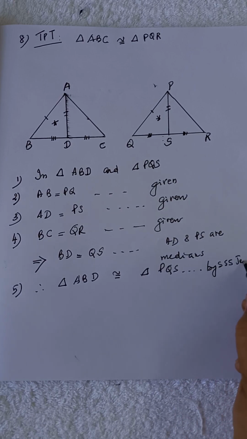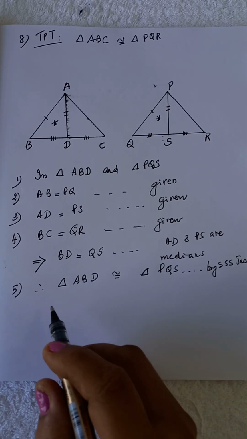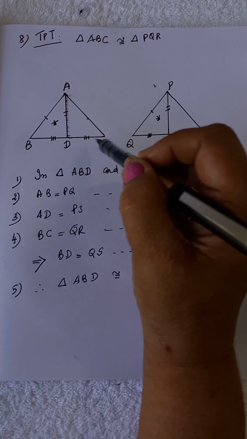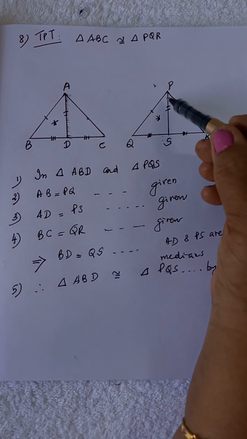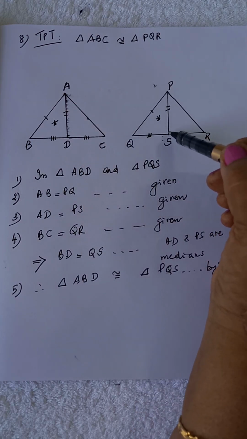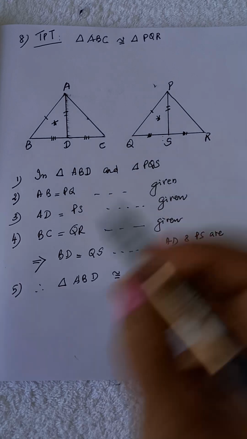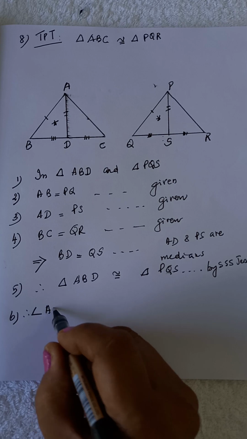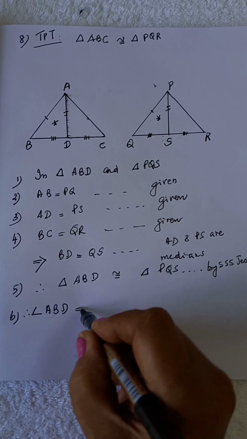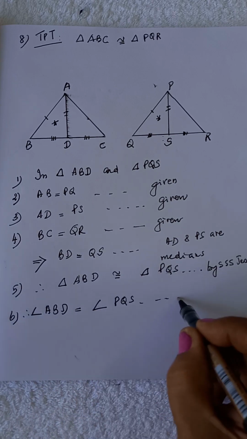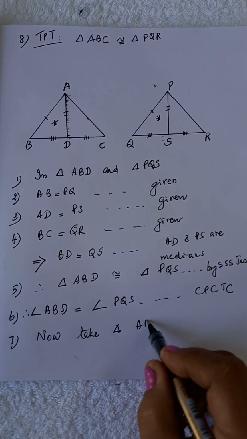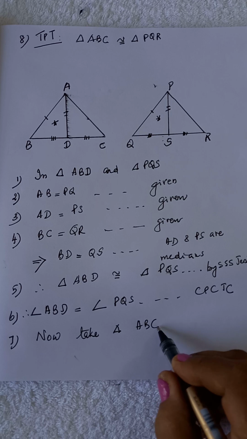So in these two triangles we can say that this angle ABD, which is equal to angle PQS by CPCTC. So we can write, therefore angle ABD is equal to angle PQS. Reason is CPCTC. Seventh point. Now take triangle ABC and triangle PQR, larger triangles.